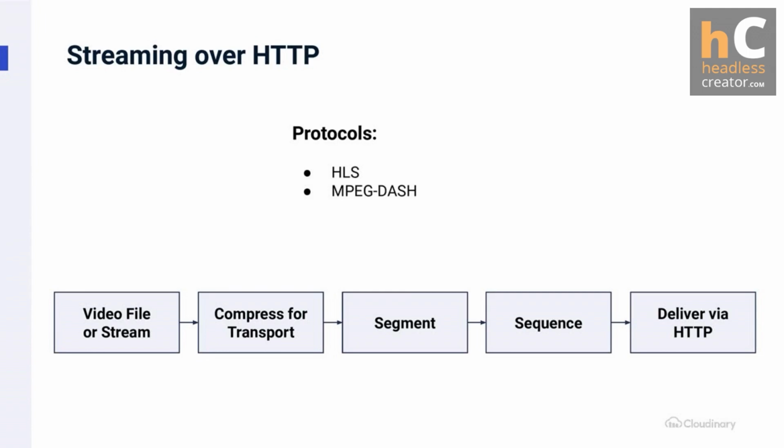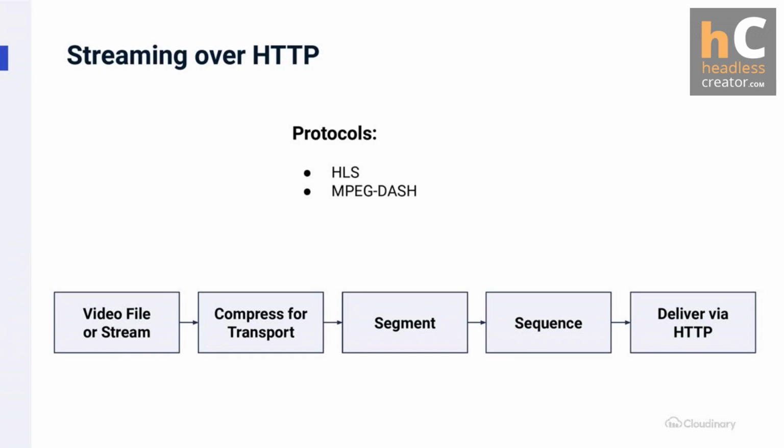The next step is you need to break it down into different chunks, which are called segments. It can be based on size, so every chunk is always going to be, let's say, 64 KB. That's one way. Or every segment could be 10 to 15 seconds. That's the other way.